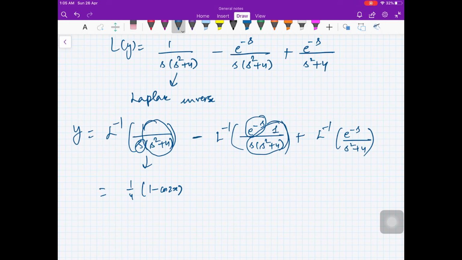And here you see you have e raised to minus s into 1 upon this, so that is the second shifting theorem.